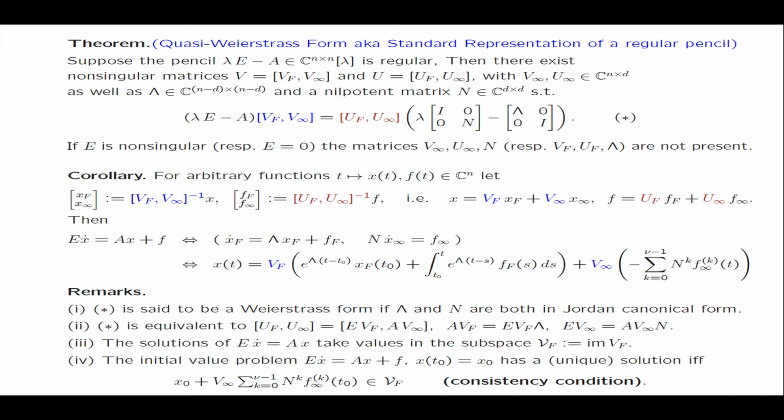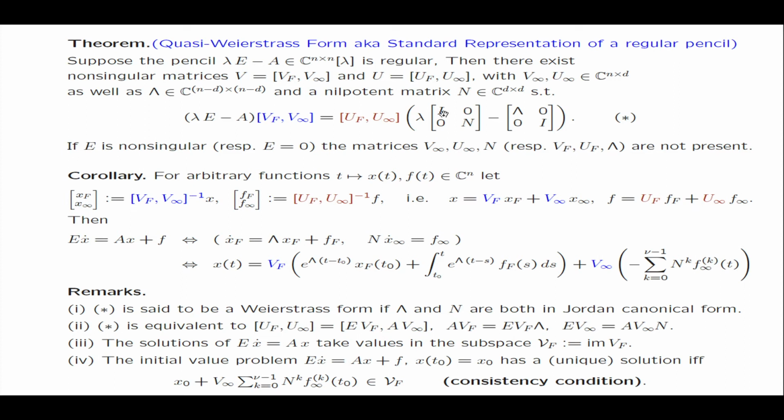Okay, and now we come to the main theorem on regular matrix pairs. This theorem says there is a transformation which transforms our pencil to this one here. This is a new pencil.